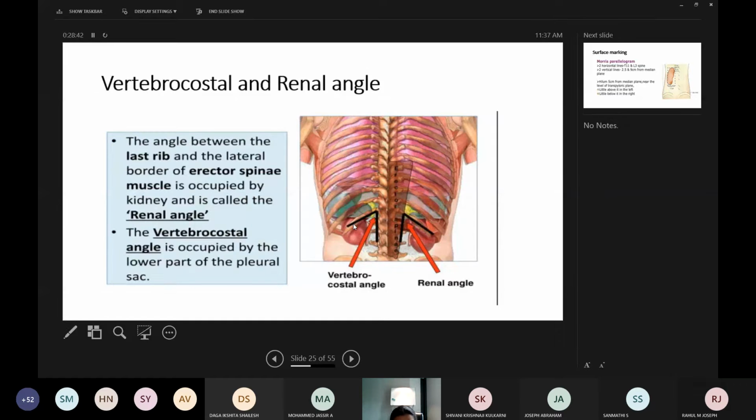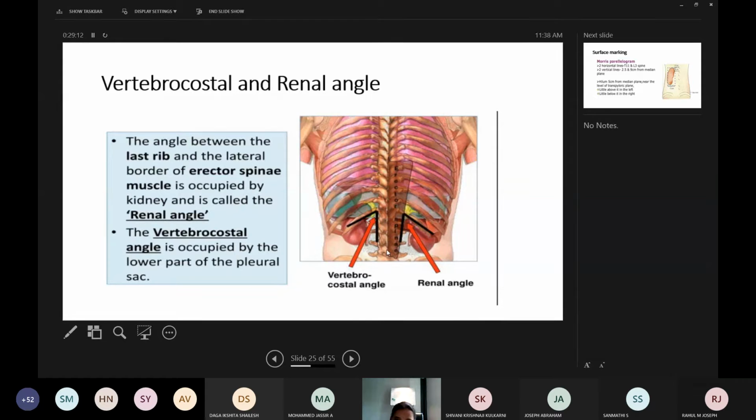This way we should count the ribs from the sternal angle, or we have to palpate the spines, then count accordingly. Sometimes one more extra rib might be there, originating from or attached to L1. At that time the kidneys will be higher up and will be exposed in the lower part.